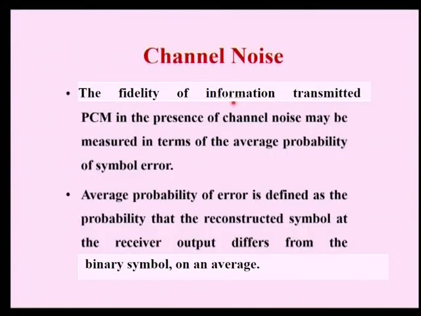Fidelity of the information transmission by PCM in the presence of channel noise may be measured in terms of the average probability of symbol error. This parameter determines the effect of channel noise, and it is defined as the probability that the reconstructed symbol at the receiver output differs from the transmitted binary symbol on average.